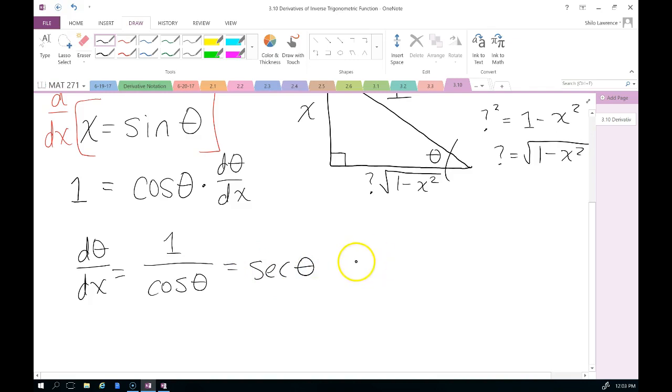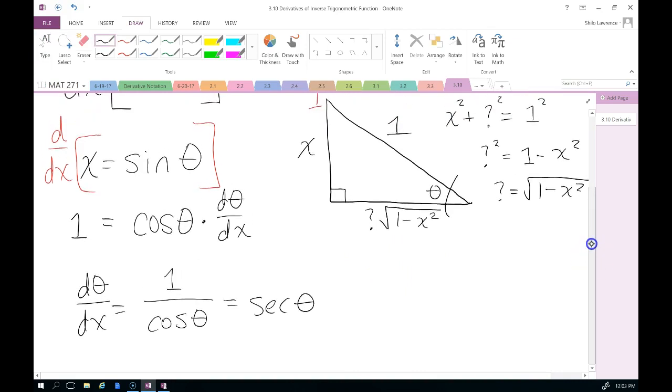So d theta dx is just secant theta from our triangle. Look at your triangle. d theta dx is just whatever secant theta would be on that triangle. Now secant is hypotenuse over adjacent. That's just something we need to remember from trigonometry class. So hypotenuse over adjacent.